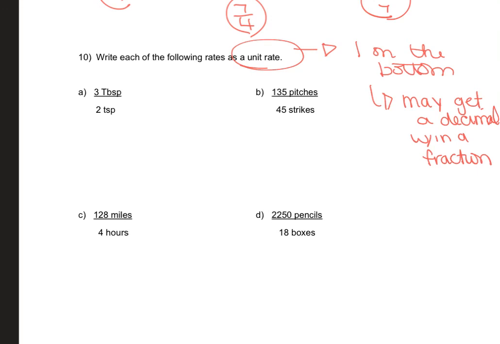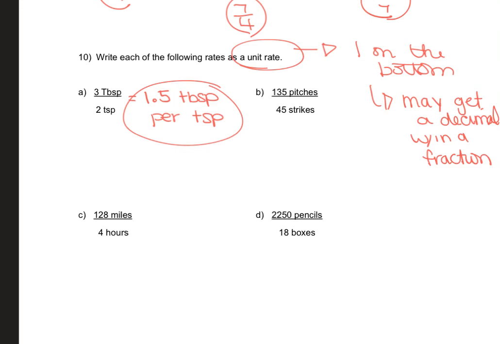If I take 3 divided by 2, I get 1.5. Okay. Tablespoon per teaspoon, that's what that means. 1.5 tablespoons per teaspoon. So what this means is, if you're baking, it might be 1.5 tablespoons of olive oil per teaspoon of vinegar. Okay, does that make sense?